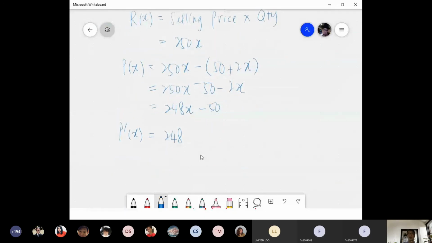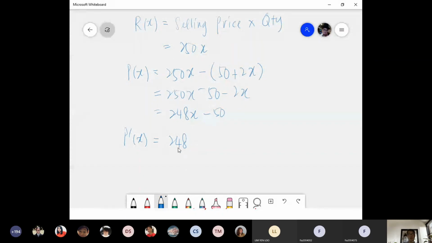So when we sell the next unit, the 6th unit, the profit increase will be a constant, 248. So this is the answer, students: 248. The reason is that from here, we can see the marginal profit is not affected by the quantity.